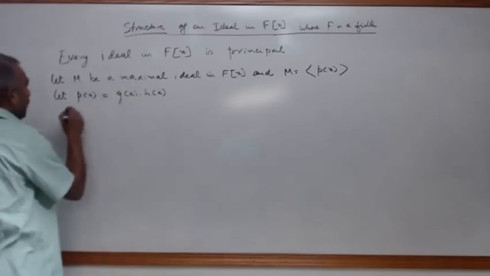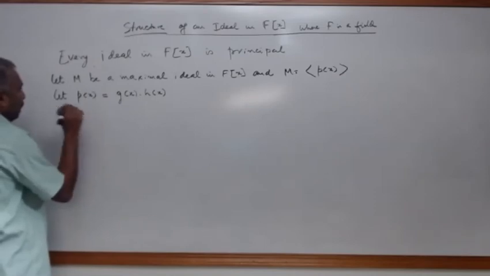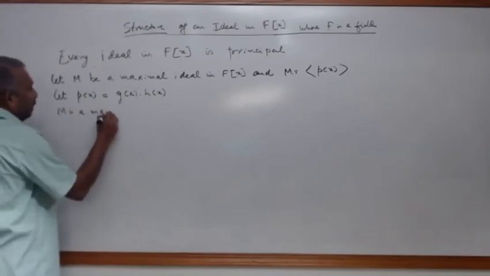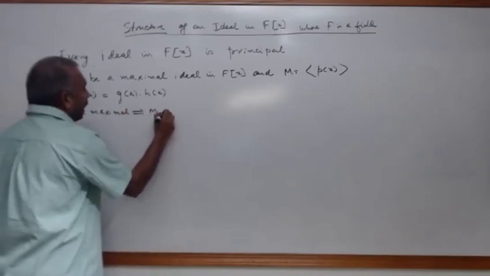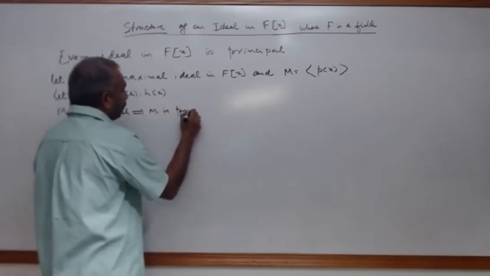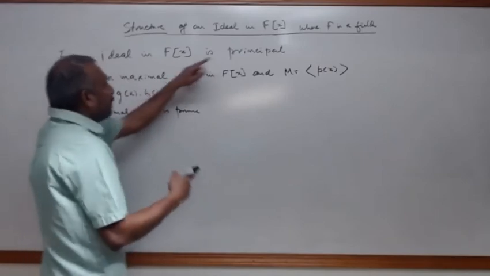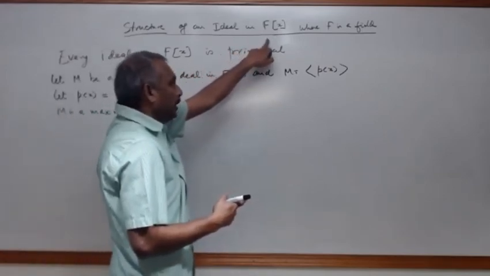M is a maximal ideal. M is maximal implies M is prime. Why? Because F[x] is a commutative ring with unity.